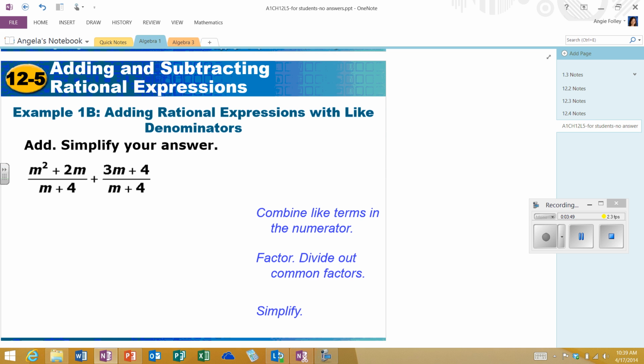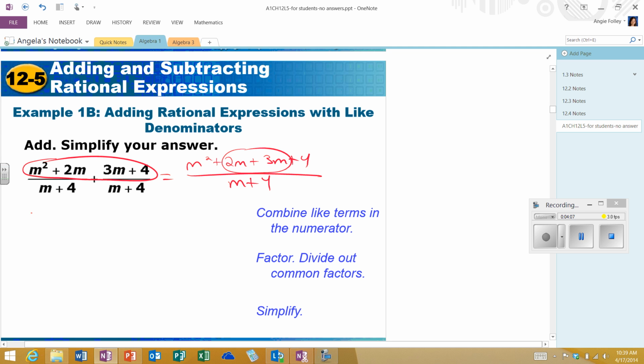Okay, let's look. Do I have a common denominator? I do. So again, I can combine these all together, and I get m squared plus 2m plus 3m plus 4 all over m plus 4. Now I'm going to combine like terms, so I get m squared plus 5m plus 4 over m plus 4.